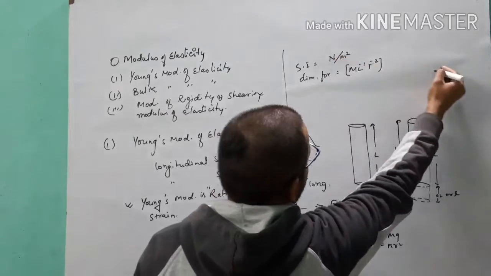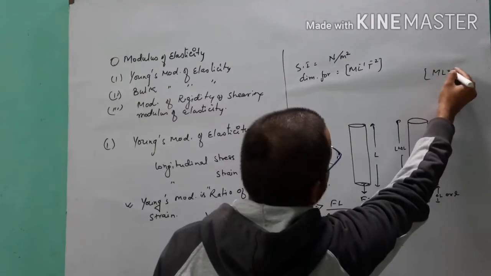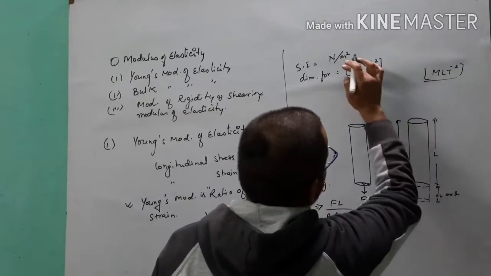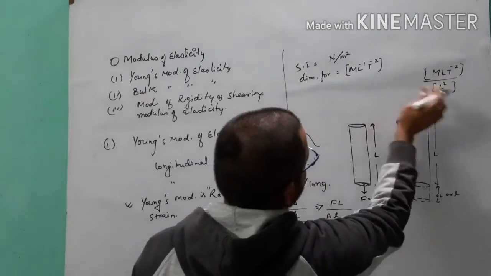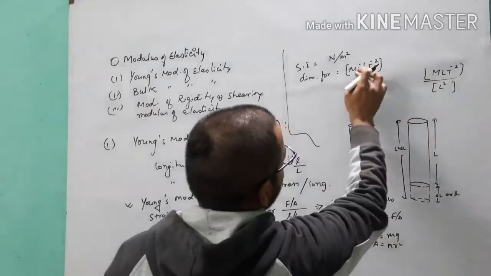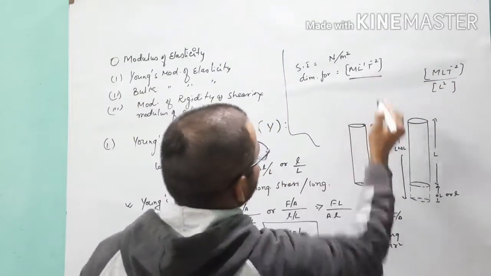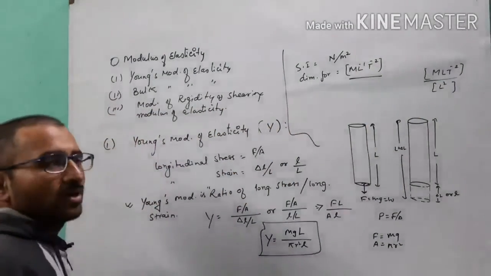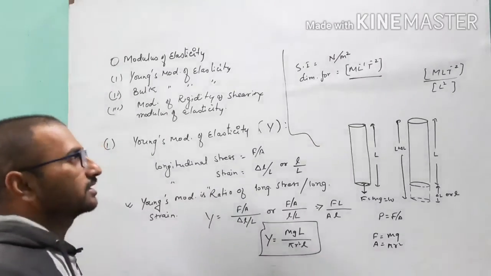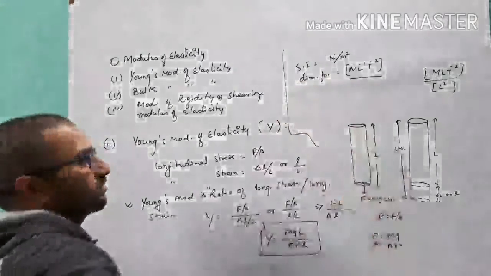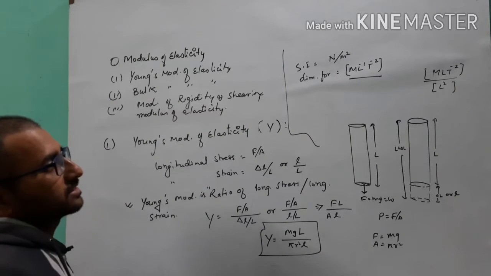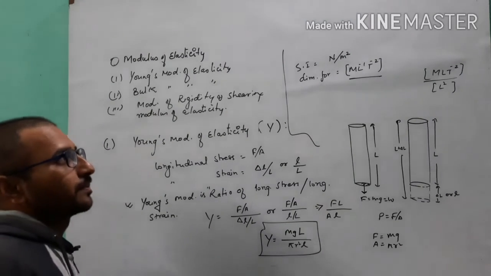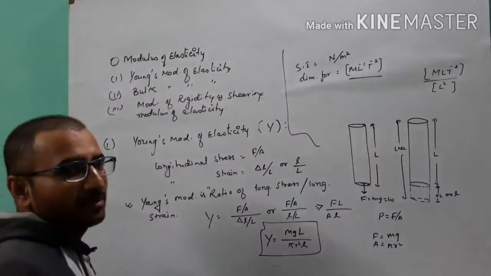See here, the dimension formula of force is M L T to the minus 2, and the dimension formula of area is L square. After dividing, the power of L becomes 1 minus 2, that is minus 1, and the rest remains the same. This is the dimension formula of modulus of elasticity, whether it is bulk modulus of elasticity or shearing modulus of elasticity. All the conditions have the same dimension formula, M L to the minus 1 T to the minus 2.